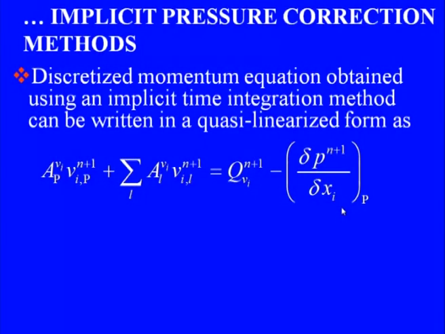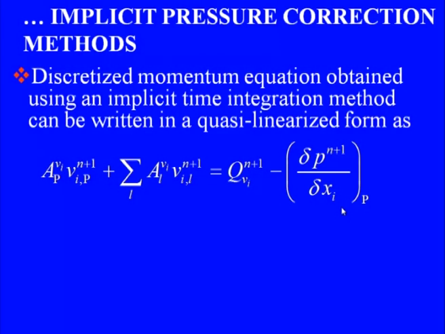Now, in the last lecture we had obtained the discrete momentum equation from spatial discretization. In fact, it was a semi-discrete equation in time, and when we applied an implicit time integration technique such as backward Euler, we got a system of nonlinear equations.